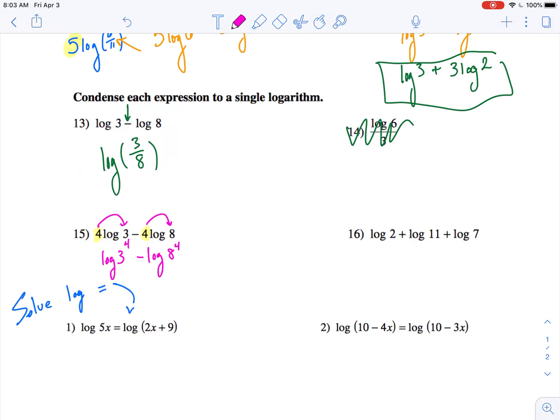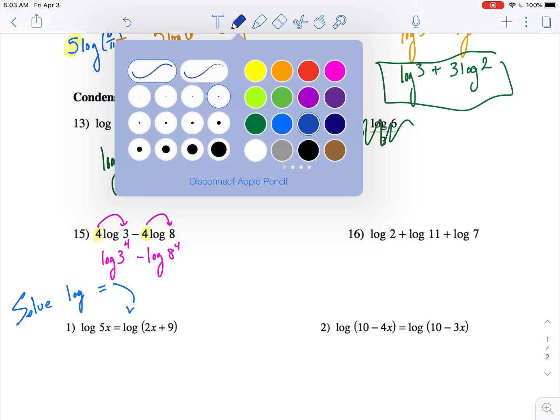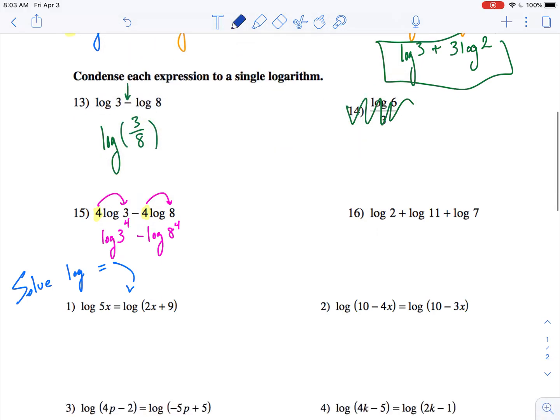So I'm going to say log of 3 to the 4th minus log of 8 to the 4th. And like we saw above, subtraction goes with division. So I'll have log of 3 to the 4th divided by 8 to the 4th.